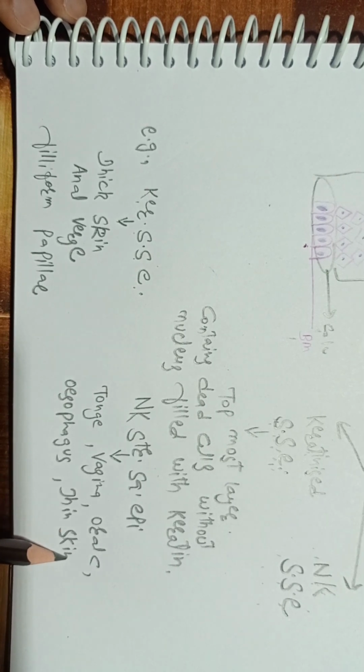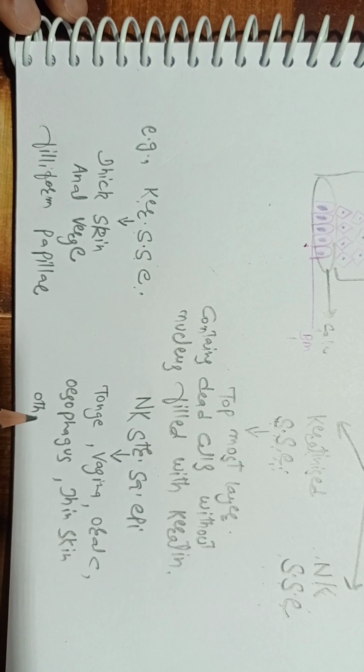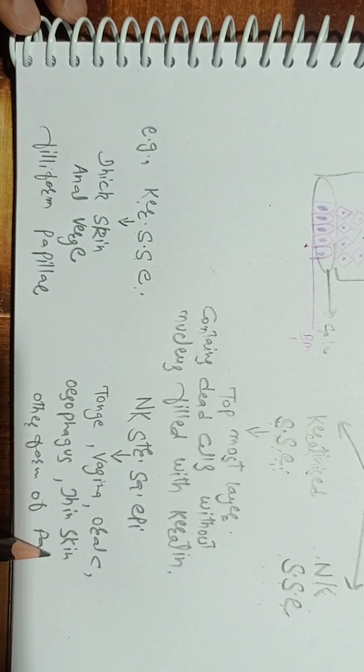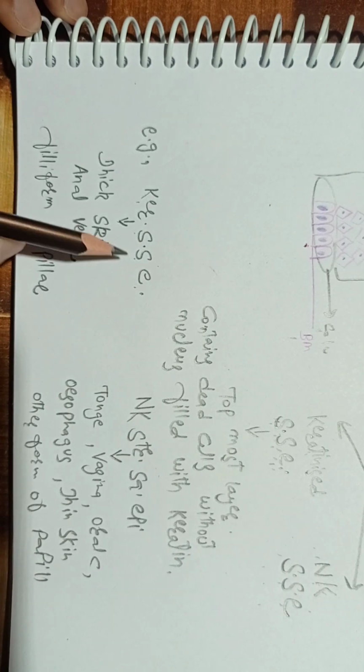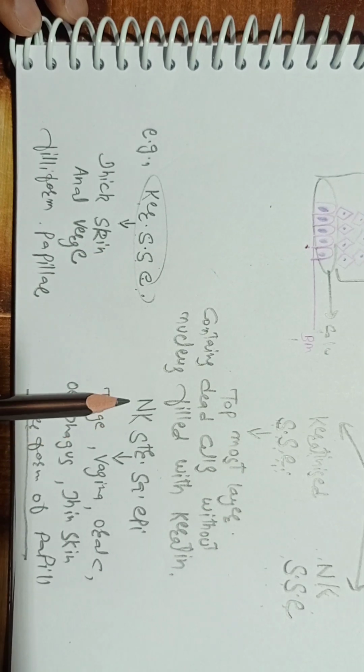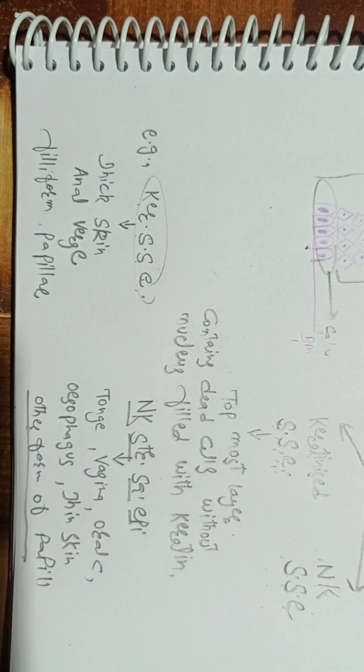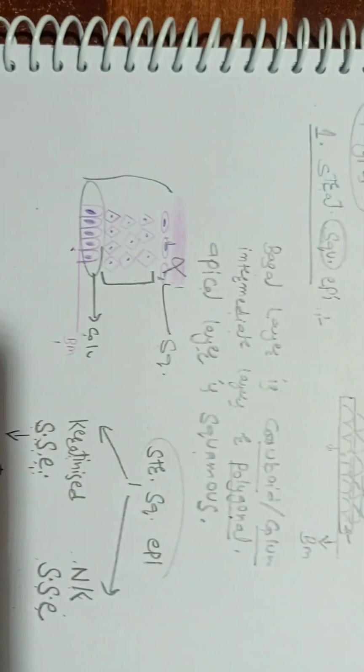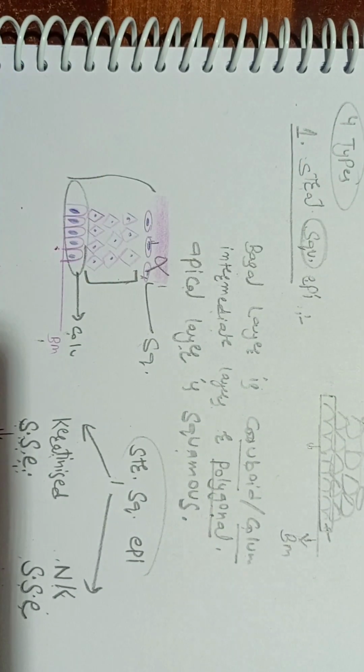It is also seen in other forms of papillae, for example fungiform papillae. Filiform papillae are keratinized stratified squamous epithelium, while all the other forms of papillae are non-keratinized. So this is the first type of compound epithelium, the stratified squamous epithelium.